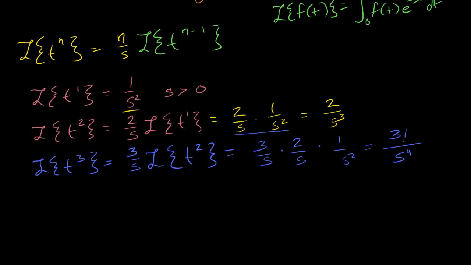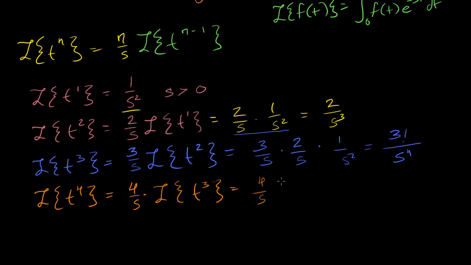Let's do another one. I think you already are getting the idea of what's going on. Laplace transform of t to the 4th power is what? It's equal to 4 over s times the Laplace transform of t to the 3rd power. And that's just 4 over s times this. So it's 4 over s times 3 factorial over s to the 4th.